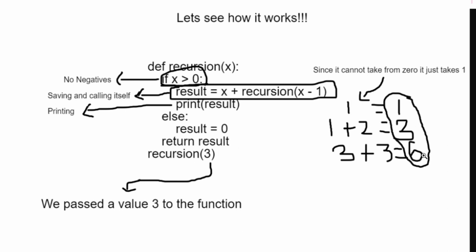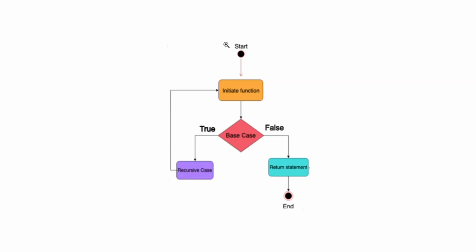And now let's see an overview of recursion. So now let's see the diagram of how this works. This is where it starts. It goes to the function, for us it's recursion with the parameter x. Then it goes to the base case, which is like if x is greater than something.